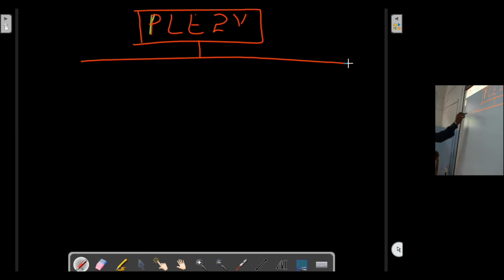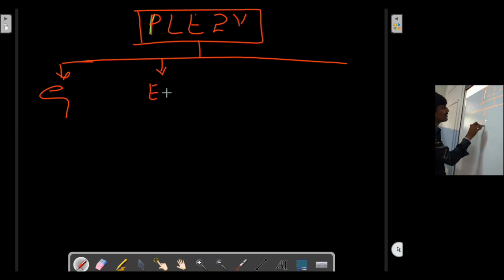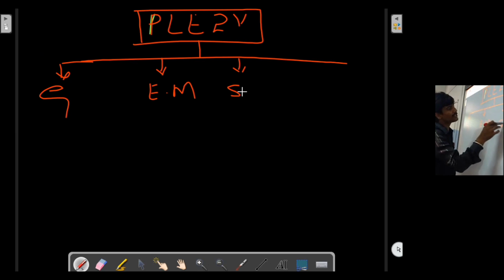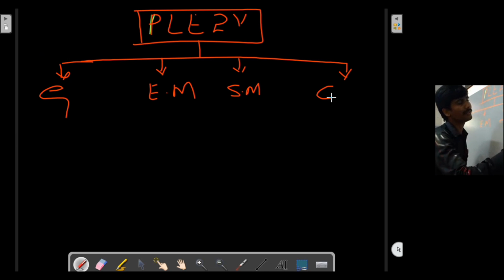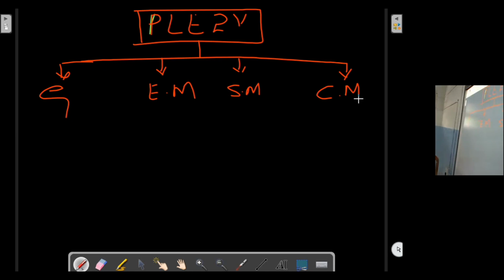First one is the graphical method. The second one is the algebraic method. In the algebraic method, again three methods are there: first, elimination method; next, substitution method; third, cross multiplication method.